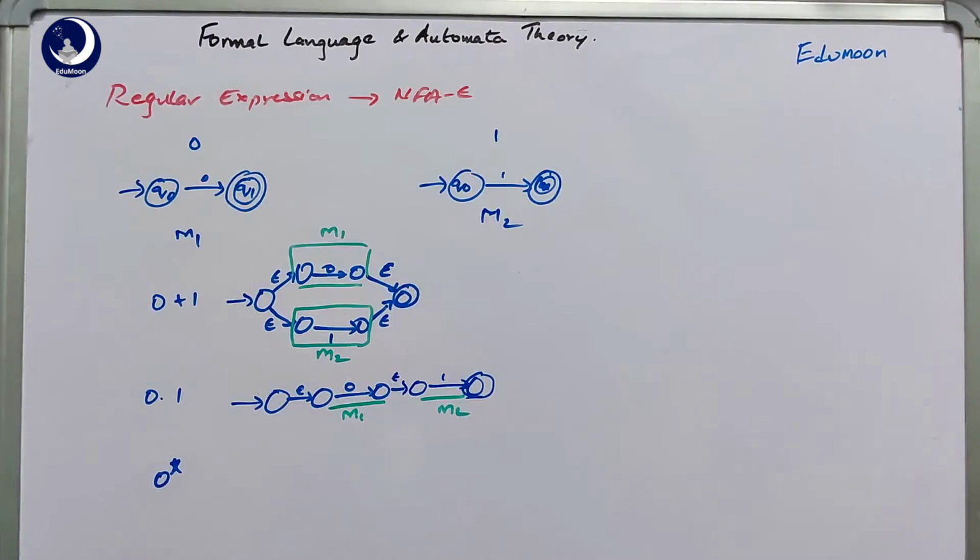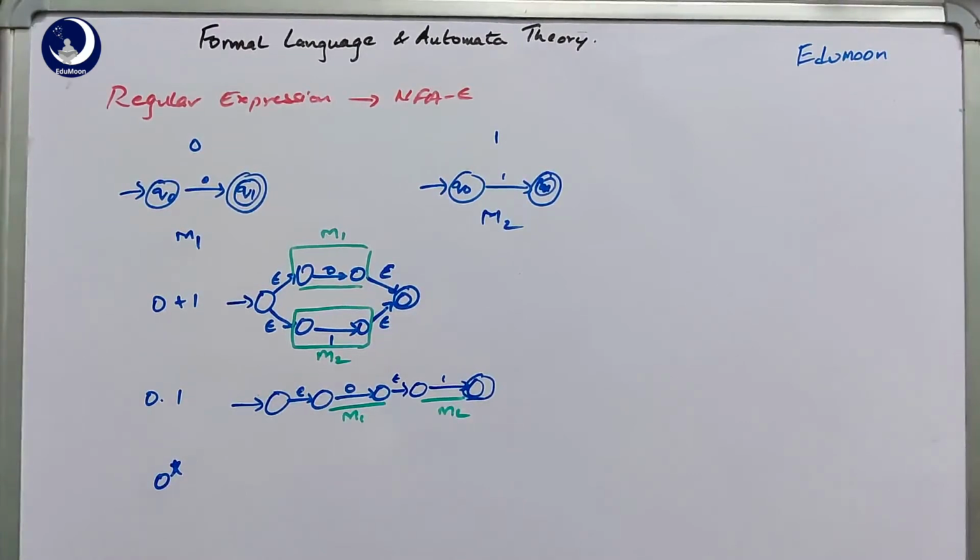Now 0.1 can be written as follows: first we go with the epsilon move to machine M1, and after M1 accepts the 0, it is forwarded to machine M2. So 0.1 is M1 followed by M2, and finally it gets accepted in the final state. If it is 1.0, I think you can understand that first the M2 machine will process it, and then we go with M1.